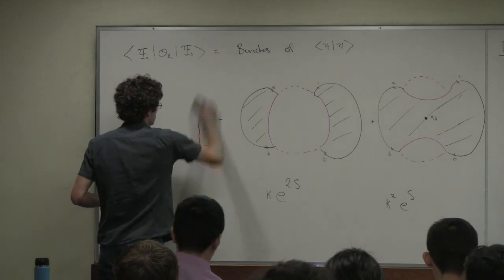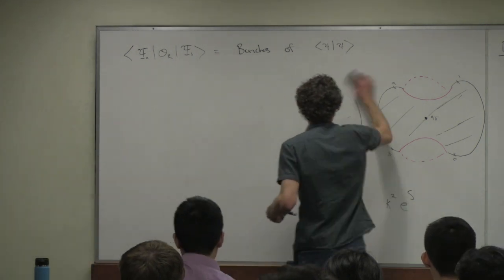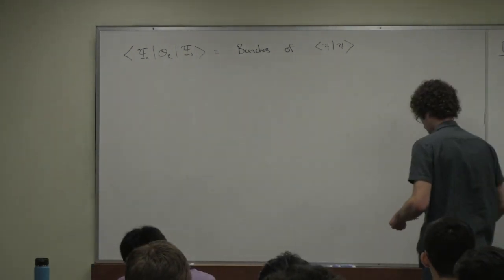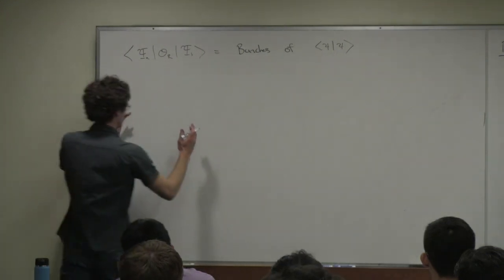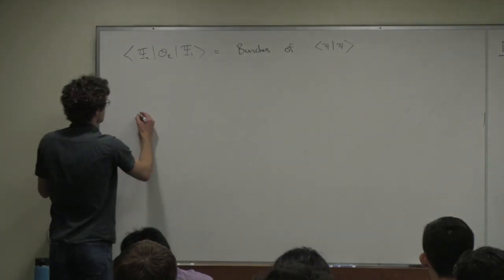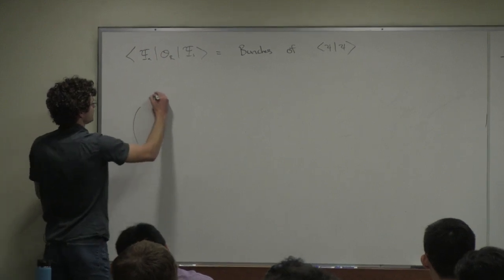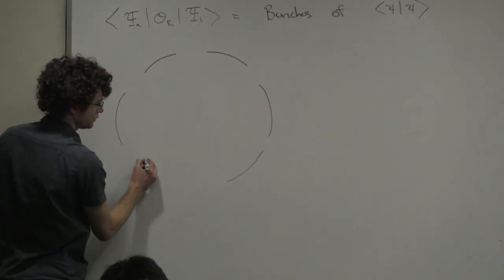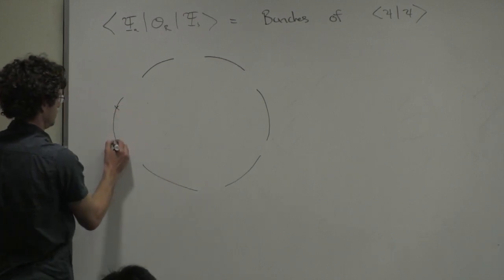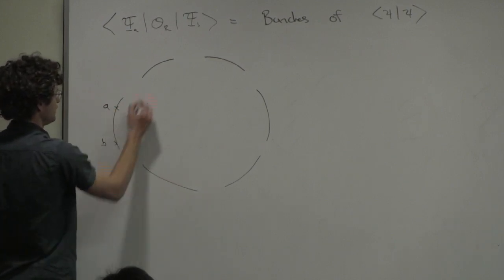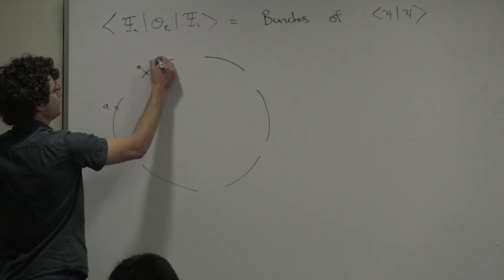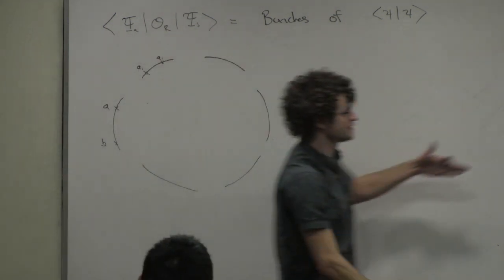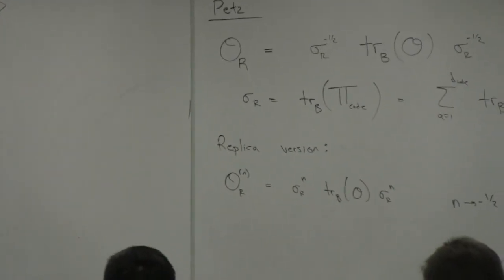So what I'll draw instead is what the analog of this picture I just erased looks like. The analog of that picture is the following. They're arranged in a circle where we have A here, B there. A1 indices, these are associated with these sigmas. So we have n boundaries up here, n boundaries down here.